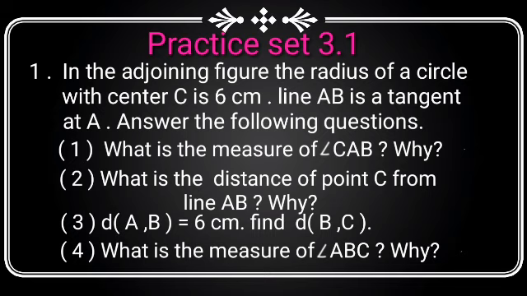First, what is the measure of angle CAB? Second, what is the distance of point C from line AB? Third, distance AB is equal to 6 centimeters. Find distance BC. Fourth, what is the measure of angle ABC?